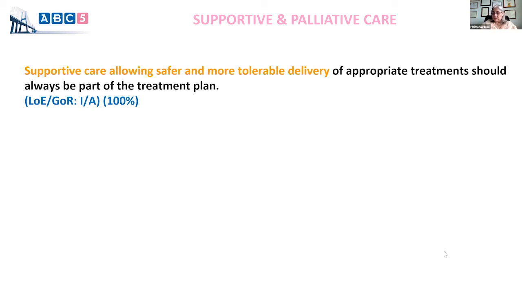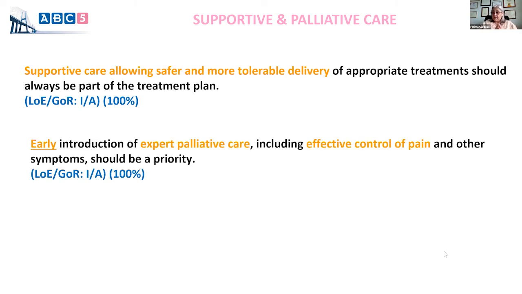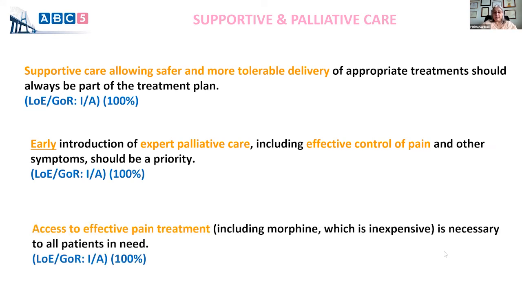All this is supportive care, and it's crucial that we have it. Palliative care is control of symptoms, and this should be introduced very early on, right? It is not the same as end-of-life care, not at all. Palliative care is crucial, particularly control of pain and control of all the other symptoms. And it's very important, and it's a priority.